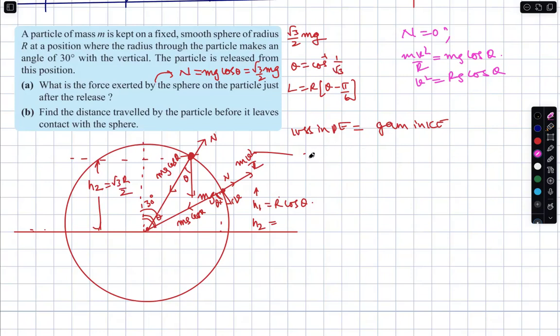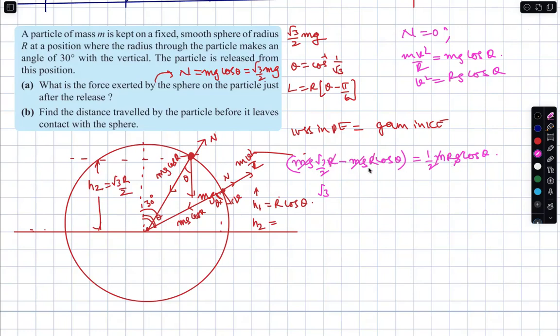Now, what is loss in potential energy? mg root 3 by 2 r minus mgr cos theta. Gain in KE means half mv square, which is half m r g cos theta. So happy to cancel this, right?